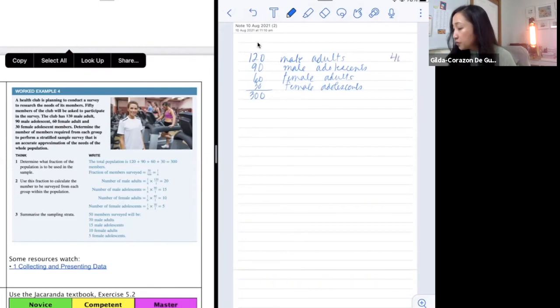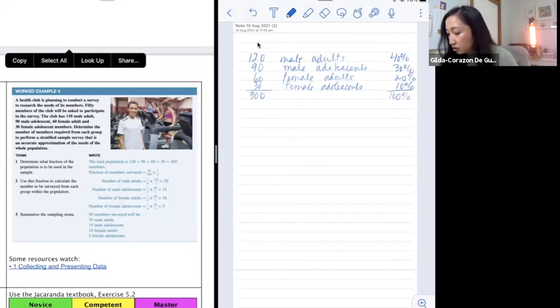That's 40% of the whole population. Then you go 90 divided by 300. That's 30%. 60 divided by 300, that's 20%. And half of 60 is 30, so half of 20 is 10. Would that be 100%? So there's 70, yeah, 100.